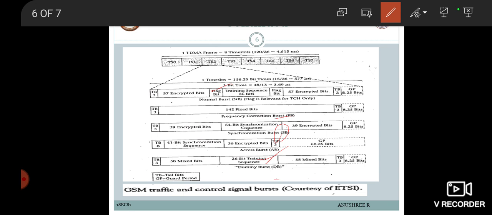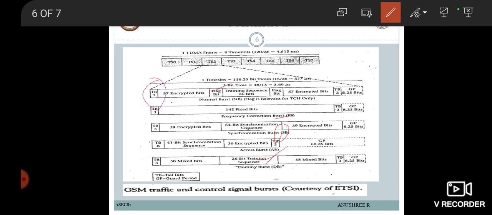In the case of a normal burst, two groups of 57 encrypted bits are transmitted on either side of a training sequence of bits. This training sequence consists of alternating zeros and ones and is used to train the adaptive equalizer incorporated into the GSM mobile receiver.